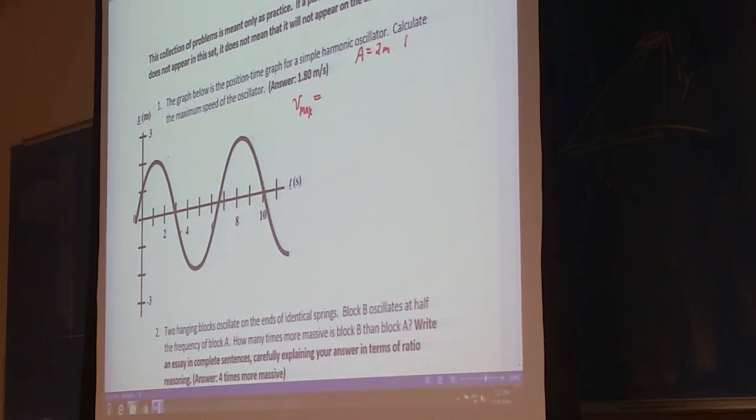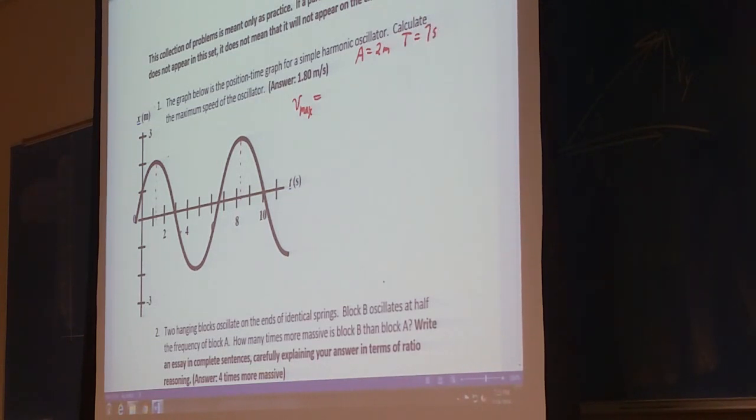And what is the period? I mean, like to the nearest second. Yeah, this is just past 1, and this is just past 8. So the period is going to be 7 seconds.